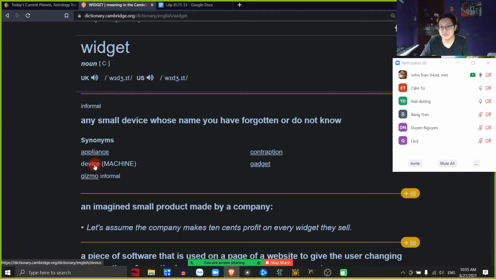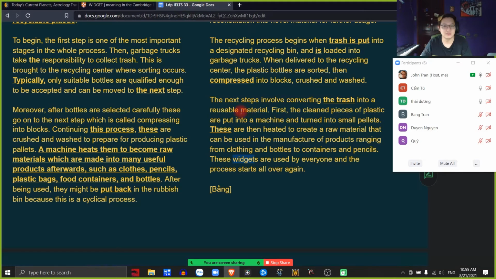Not device, because device sounds like machines, while this refers to small tools for daily use. Just use the word gadgets. These gadgets are used by everyone and the process starts over again.